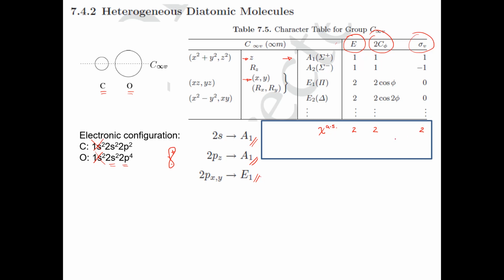So I have 2, 2, 2. So from this I recognize immediately that gamma atom sites is decomposed into 2A1. Okay? Twice the identity representation. That's the decomposition.